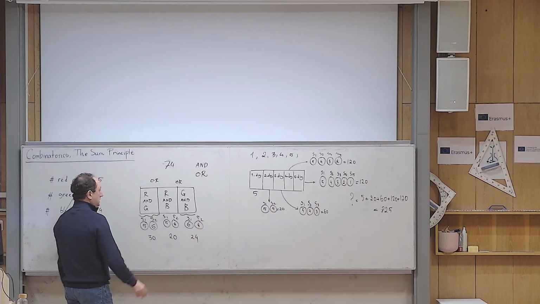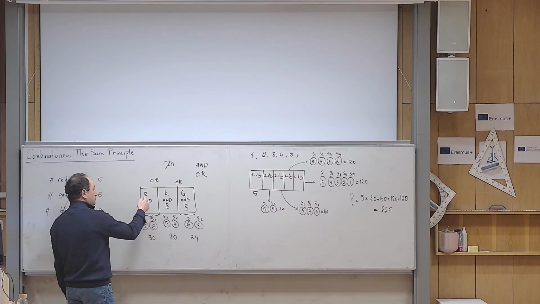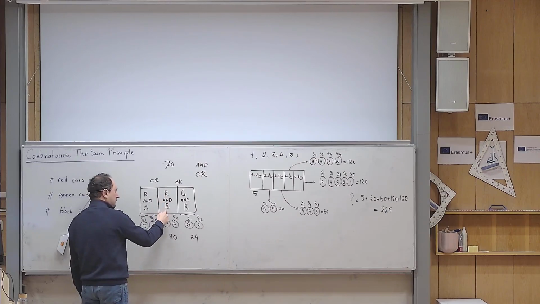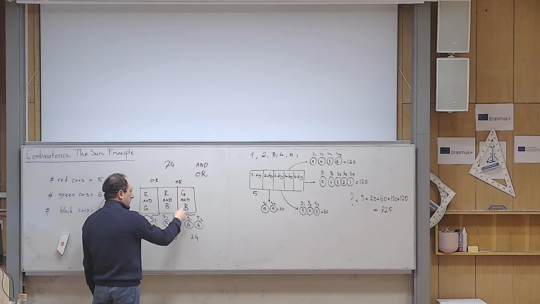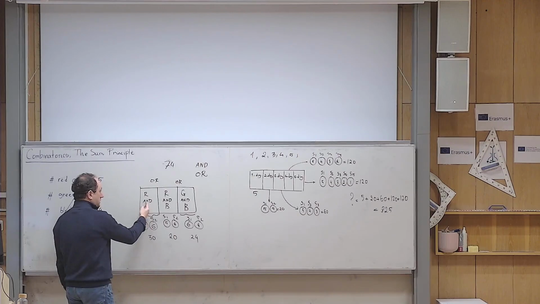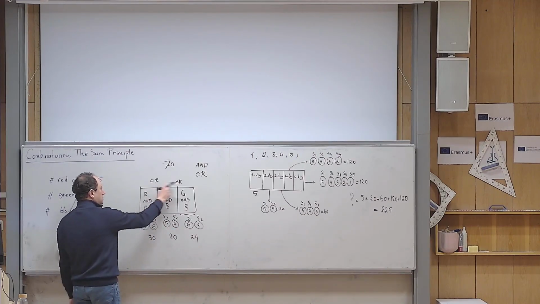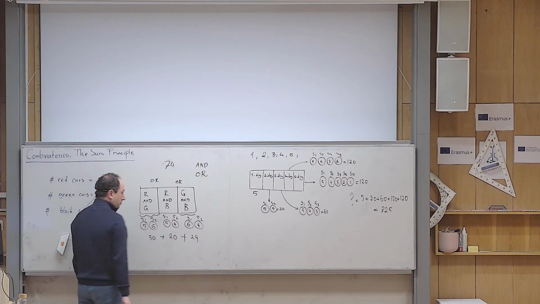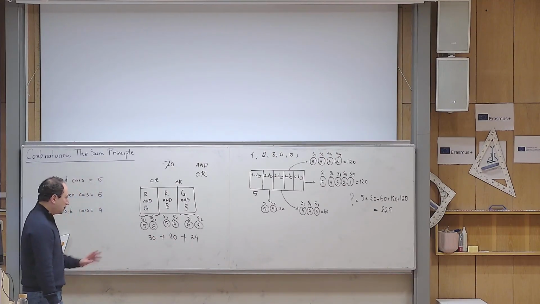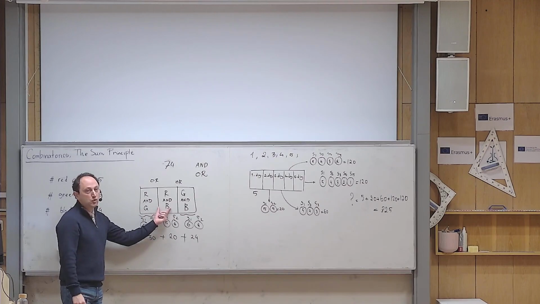So I would say that I either choose a red car and a green car, or a red car and a black car, or a green car and a black car. So this "and" was an indication of the multiplication principle. These "or"s are an indication of the sum rule. Okay, and I hope that you agree with me. There is no overlap.